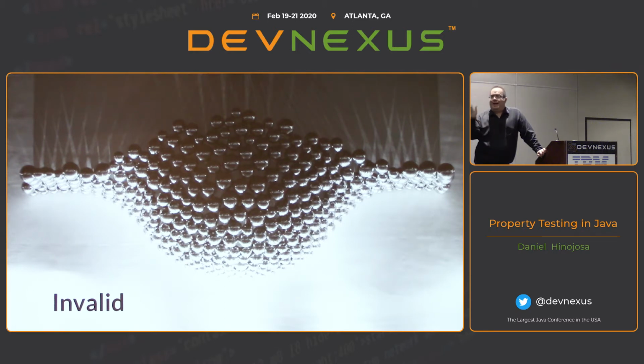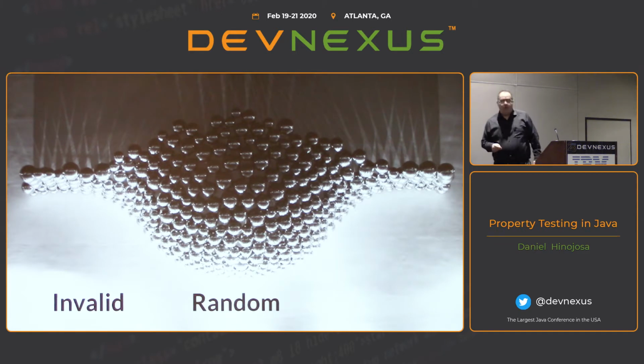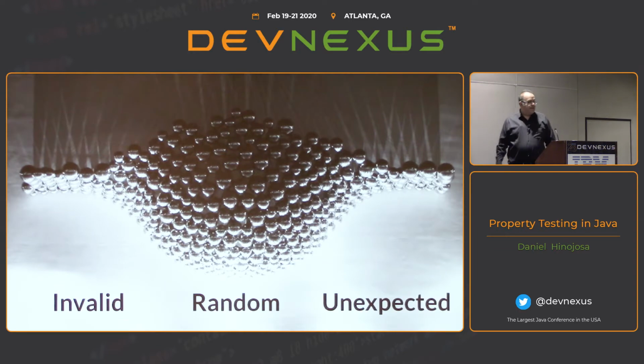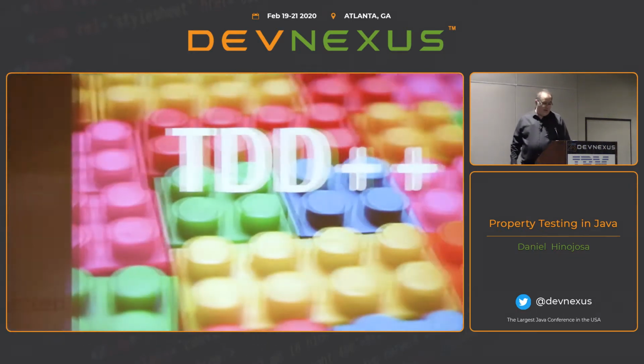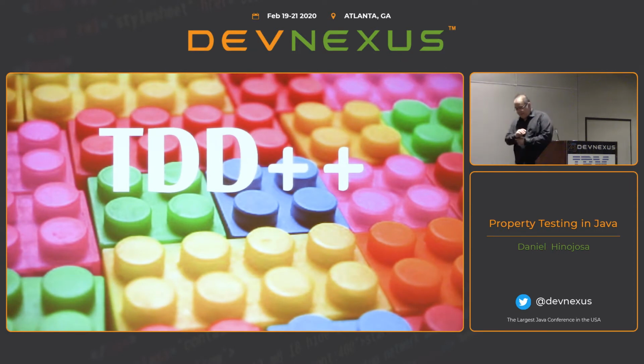Our brain has a one-track mind. Now, if we unleash the computer on it, the computer's absolutely nuts. It's like, I'm going to throw a minimum value. Let's throw some invalid values at this. Let's just throw some random crap at it too, and some unexpected values like min value, max value, some of the things that we're not absolutely thinking about.